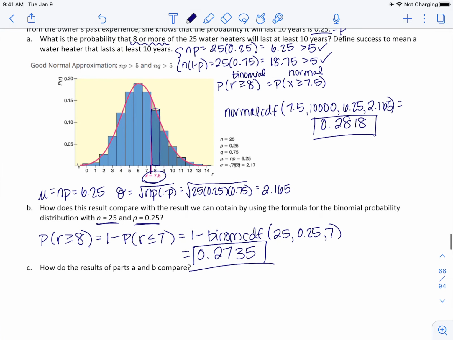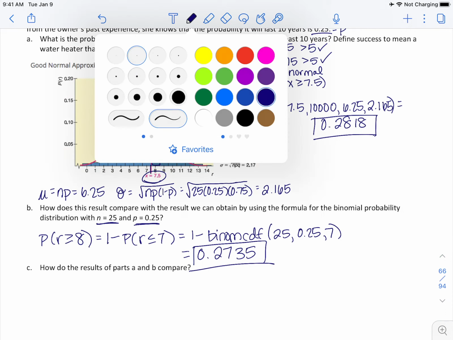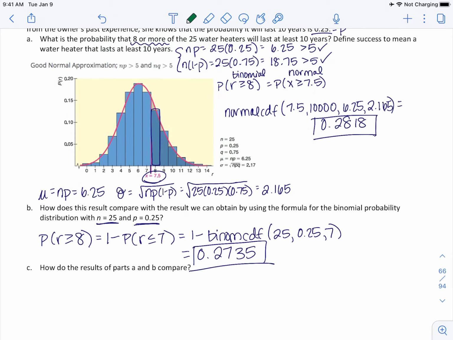All right, so now how do the results of part A and B compare? Part A, this was our normal approximation, 0.2818, minus part B, this was our binomial calculation, 0.2735. If I find the difference, we get 0.0083.